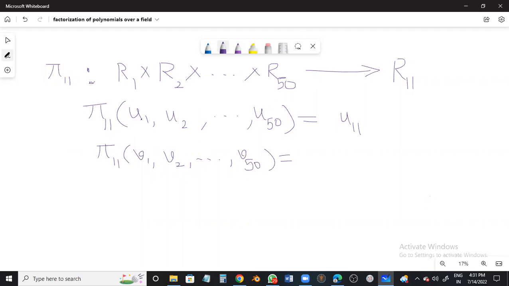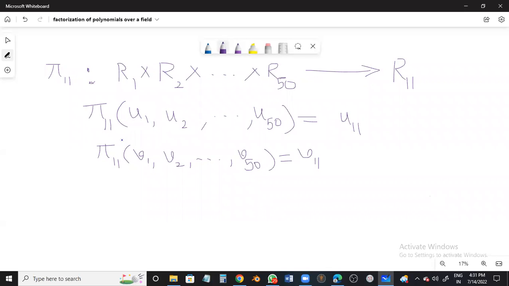And you are taking pi 11, the projection on the 11th set, so you'll get the 11th component directly. If you operate it on these coordinates, you'll get the 11th component directly. So what will be the output of this? V11. Yes, of course, it will be V11.